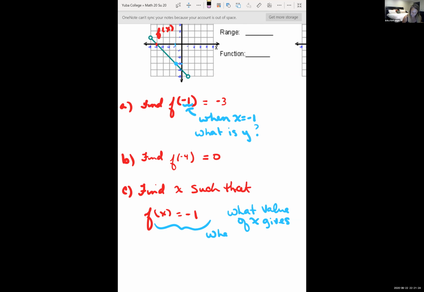If we go on to the graph and look at y equals -1, sometimes more than one x value will give us this, but if I do a horizontal line through that, the point would be here. Look at the x value that gives us that point when y is -1. It's when x is equal to -3.